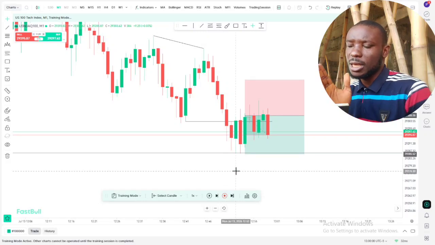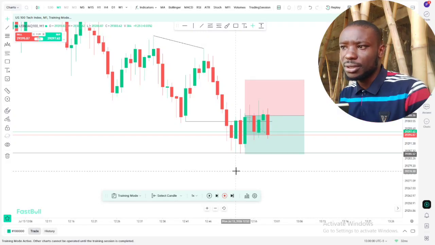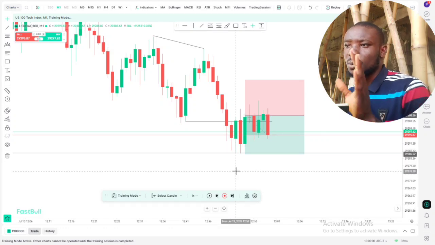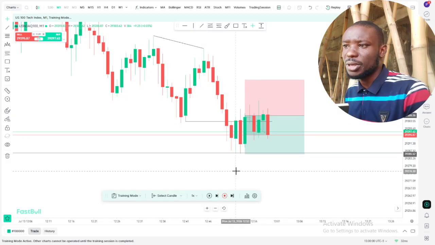Now, why I say this trade was a B setup is that ideally I was supposed to wait for the 12 p.m. candle to close bearish. Then once the 1 p.m. candle opens, I'm supposed to wait for 5 minutes to see how it's going to react. But instead I got in before the 1 p.m. candle opened, and you can see it was in profit.